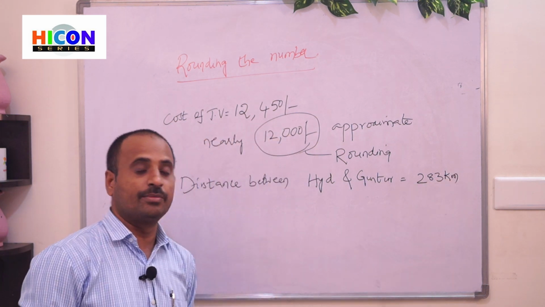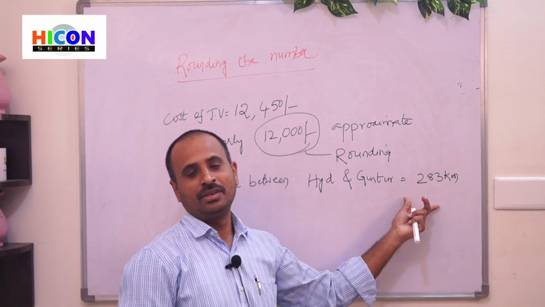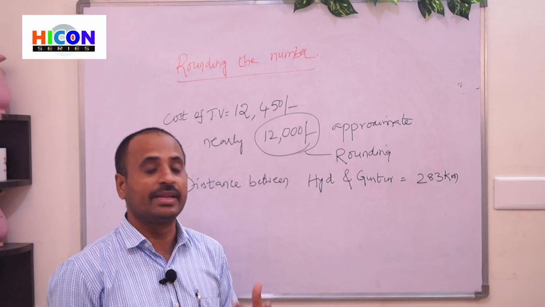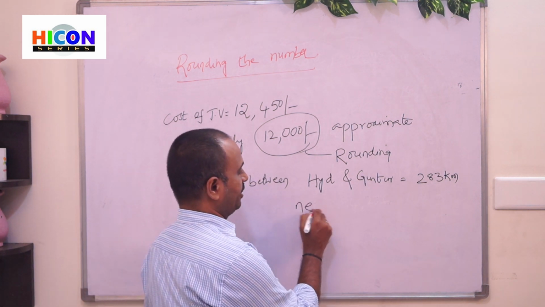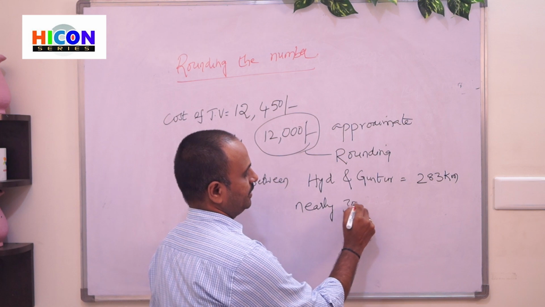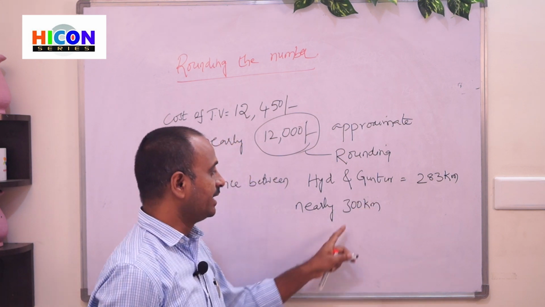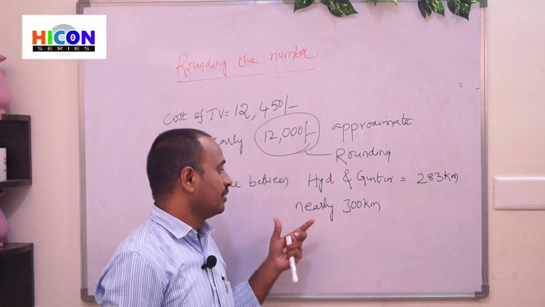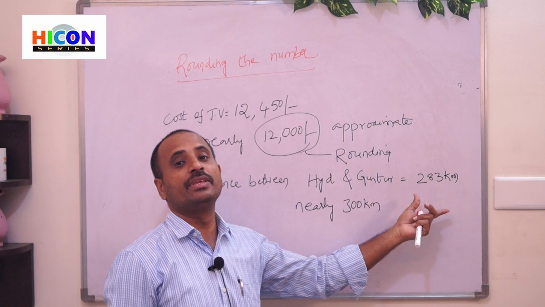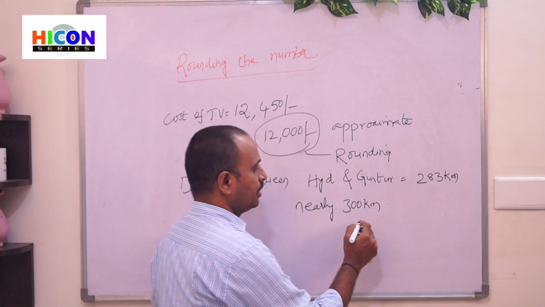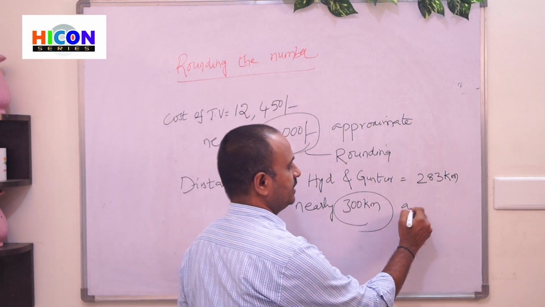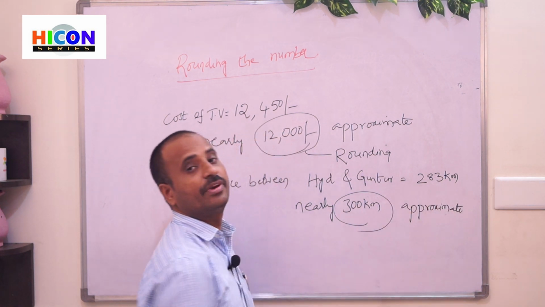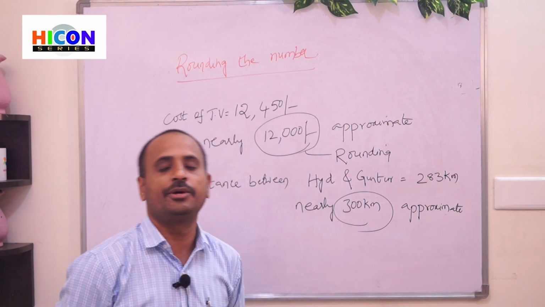If you don't remember this exact value, then we will say that the distance between Hyderabad and Guntur is nearly 300 kilometers. That means it is not the exact value, but we have set an approximate number for the given value. This approximate value of the given number is called rounding the number.